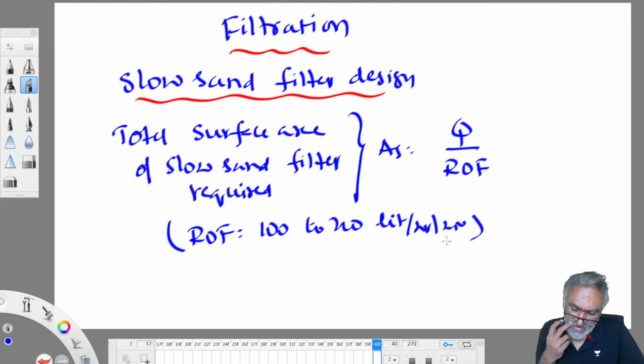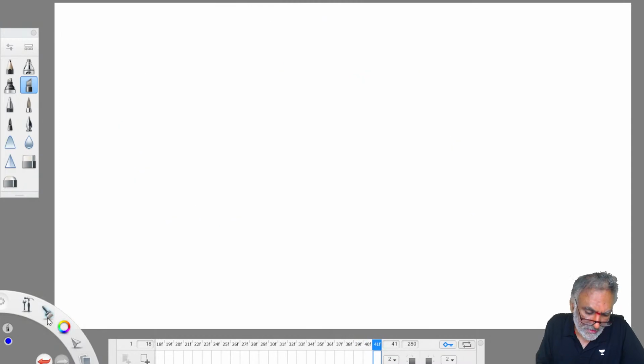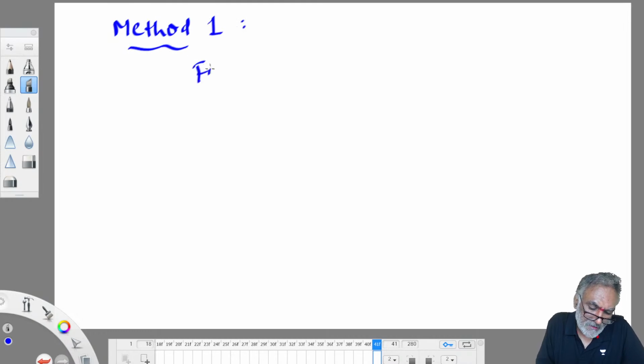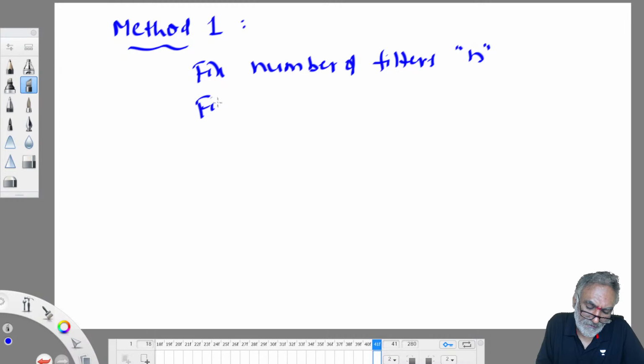Okay. So once you get this, there are two ways we approach the problem. One is, after finding total area, fix the number of filters N, and find the size of each filter. What is the size of each filter?